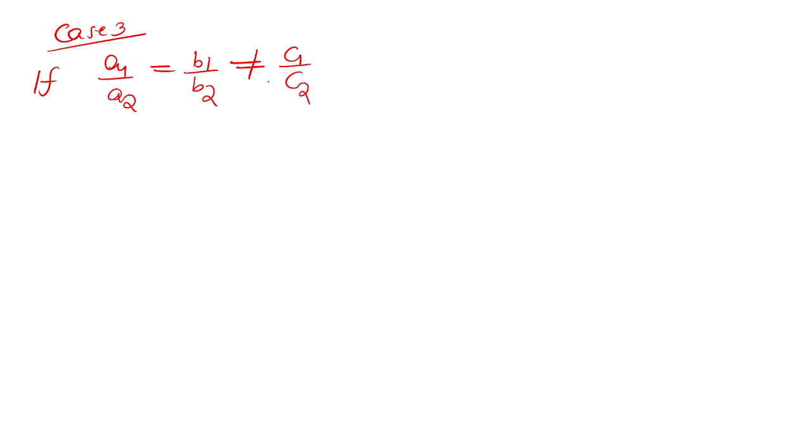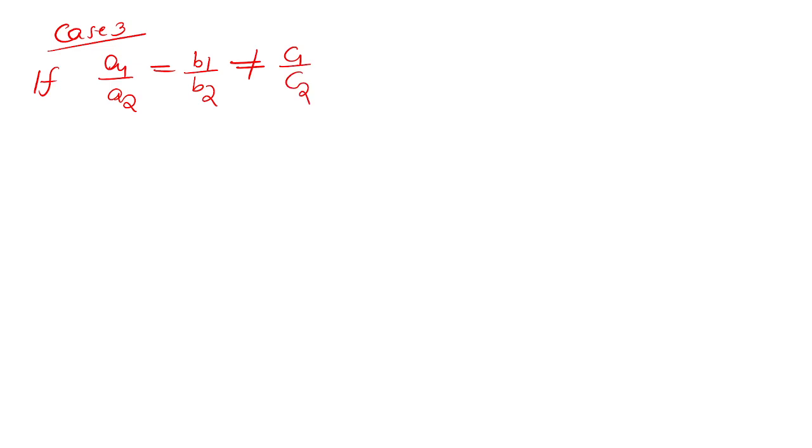Now case 3. Case 3 is if the first ratio is equal to the second ratio, but it is not equal to the third ratio. You have to memorize this. The first exercise is based on this type of question.